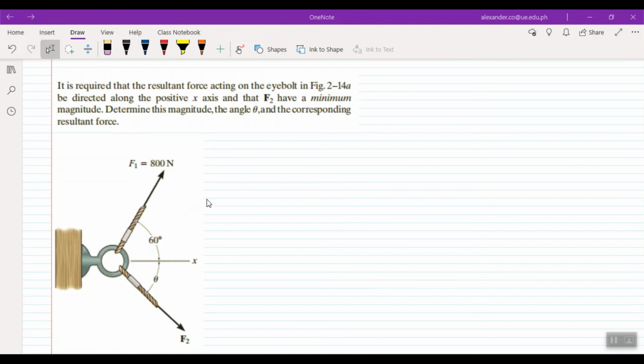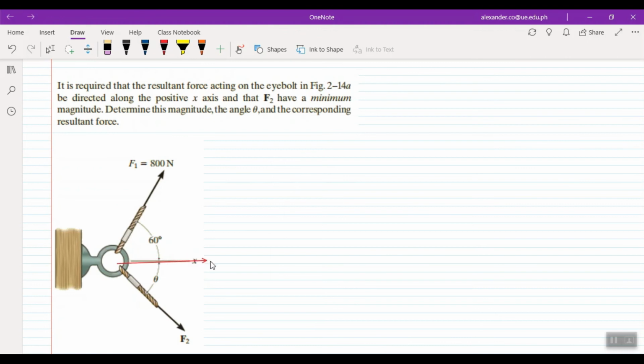Alright, let's pause for a while there and understand ano yung tinatanong. Tagalogin natin. Ang sabi dito, yung resultant force, meaning ng resultant force, diba, F1 plus F2 will be equal to the resultant. Binigay niya yung direction. Be directed along the positive x-axis. So, usually, ang resultant ko is color red at nasabi dito be directed along positive.